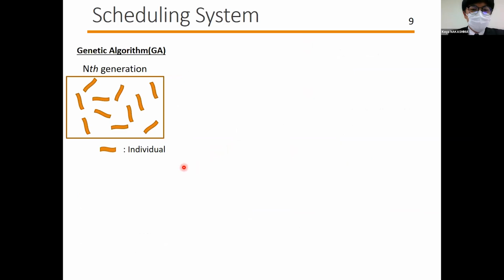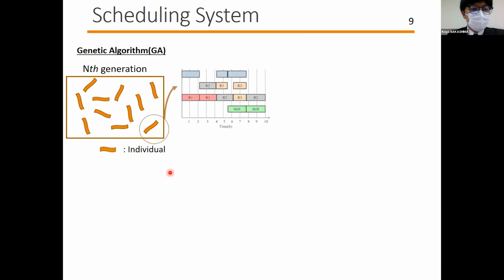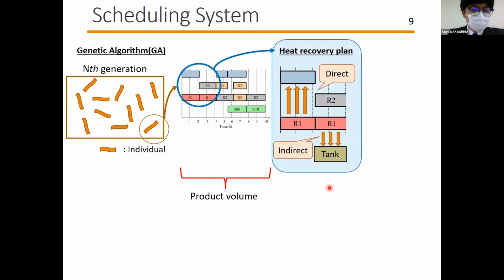Next, I will briefly describe the overall system constructed in the study. A genetic algorithm is used for scheduling, and each individual represents a schedule. The production volume is then determined based on the schedule of each individual. Next, if heat recovery is feasible, a heat recovery design is performed.